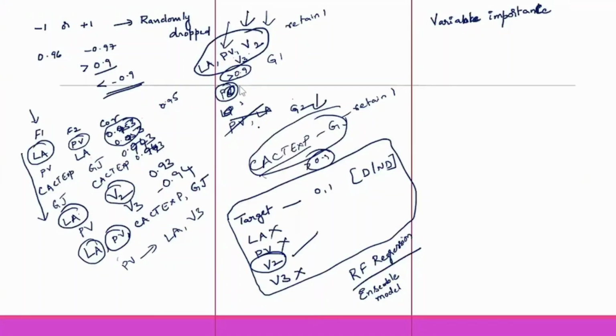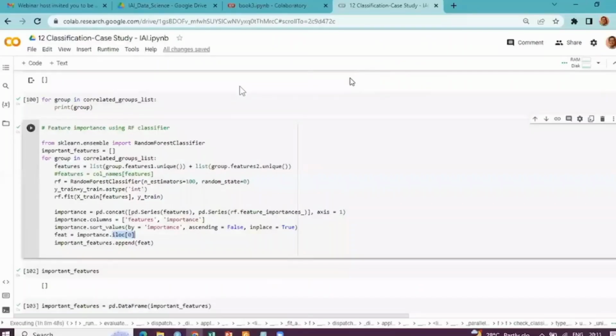Similarly, in the second iteration, I will look at my target variable versus the other two. Using them, I will build another random forest model and do a variable importance again for those two variables.